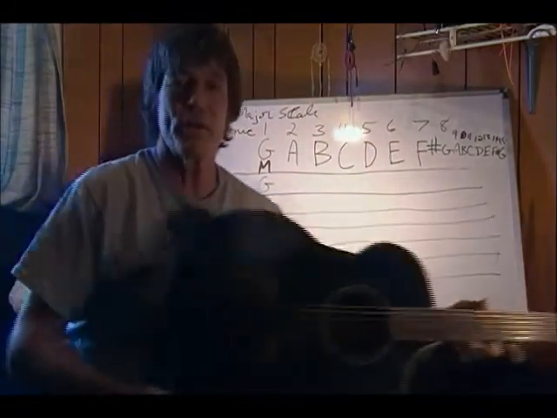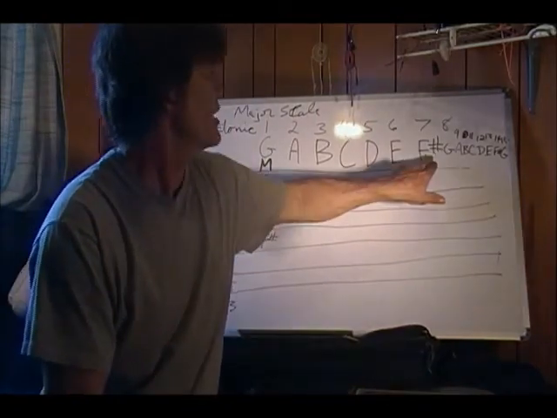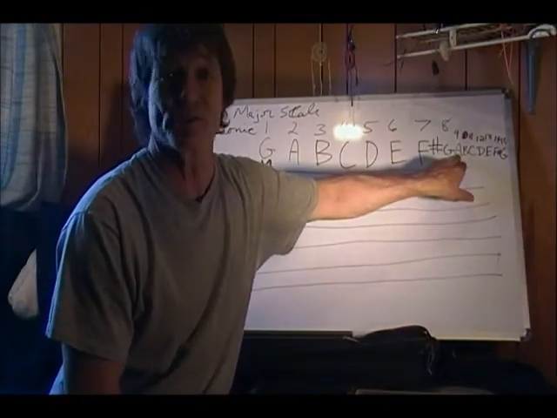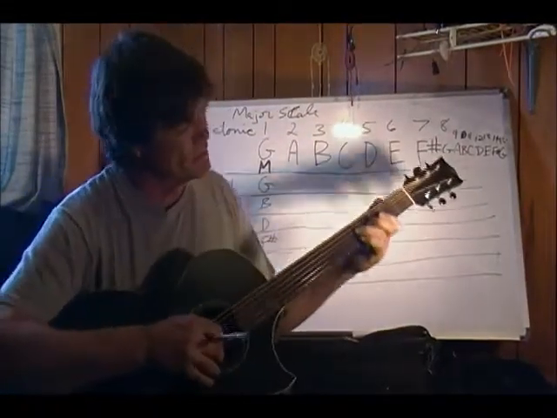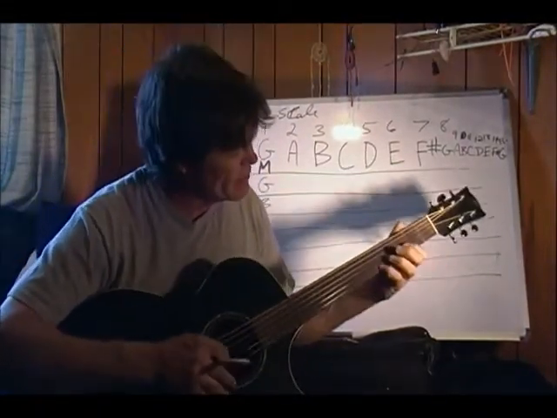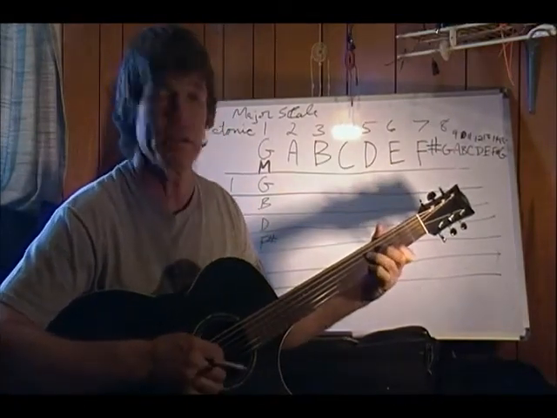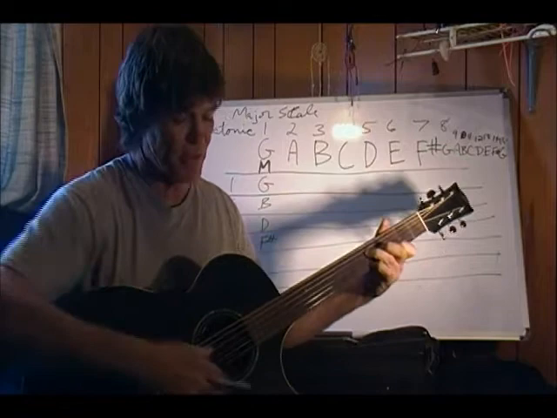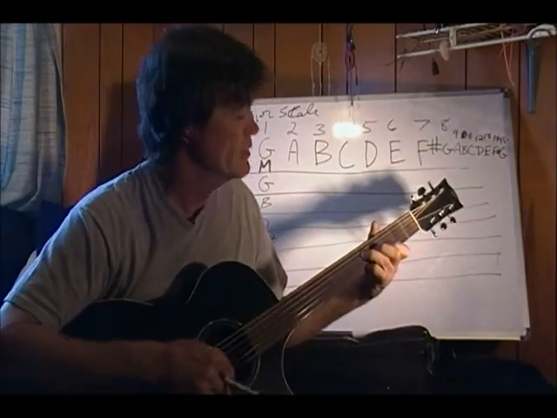Okay? Now what if we want to make it a G major 9? Then we add an A note. If we add the A note, there's the A. Now we played the D, the B, and the G. There's a G major 9.